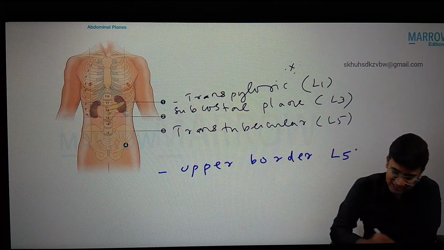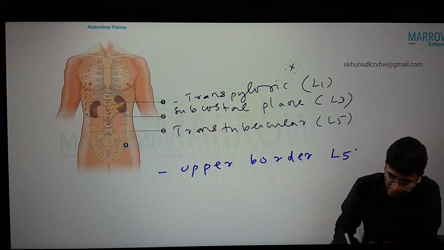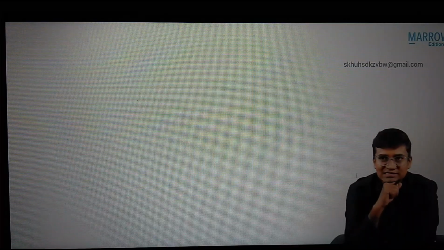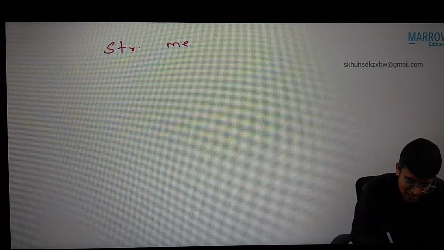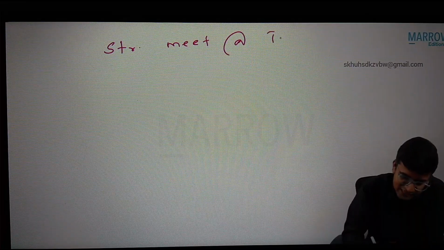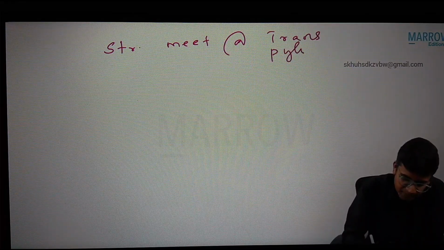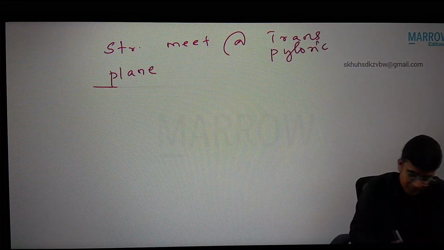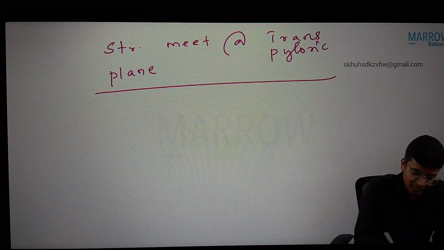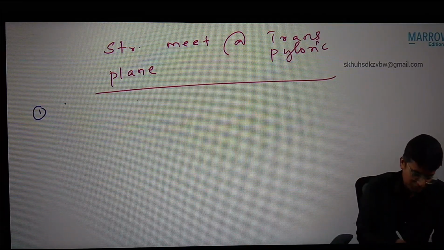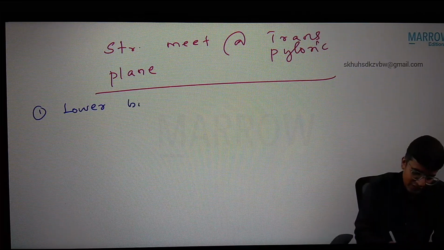Now, we have some structures which meet at the transpyloric plane. We're going to list out the structures which meet at the transpyloric plane. Number 1, I told you the vertebral level: the transpyloric plane passes through the lower border of L1.